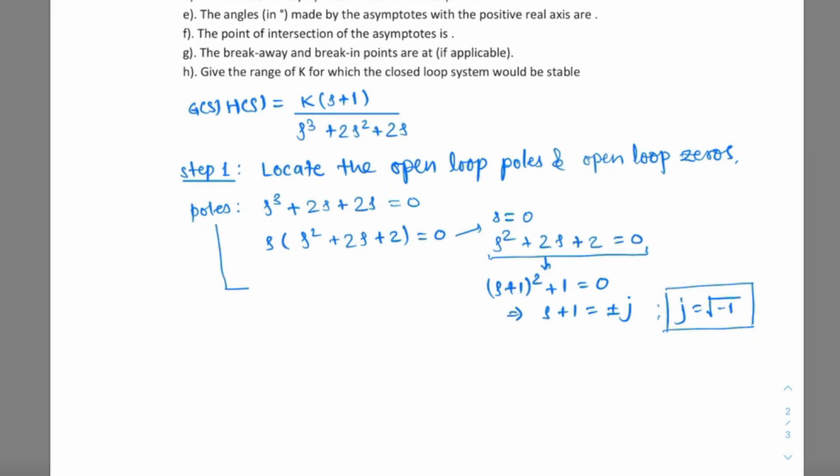So the poles are 0, minus 1 plus j, and minus 1 minus j. The open loop zeros are s plus 1 is equal to 0. That means s is equal to minus 1.